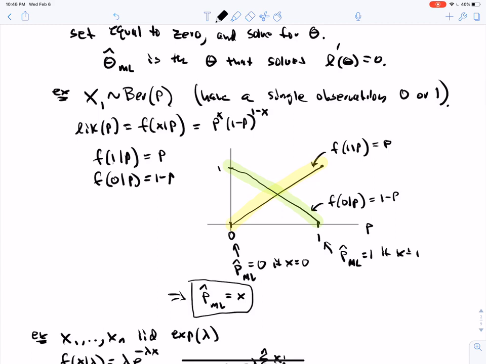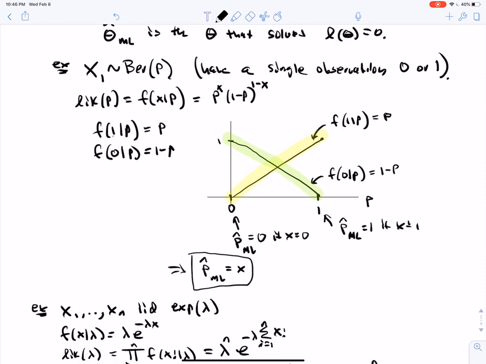So here's just a silly example. If x1 is Bernoulli p, so here we have a single observation, let's say, where x is either 0 or 1. The likelihood function now is p to the x, 1 minus p to the 1 minus x. And so f1 given p is just p, and f0 given p is 1 minus p.